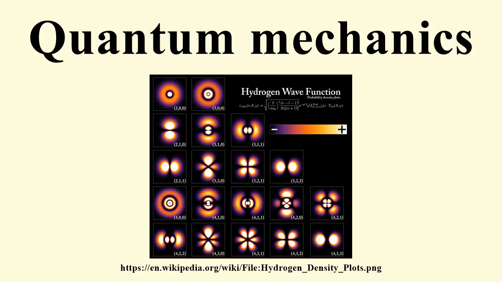The Copenhagen interpretation of Niels Bohr became widely accepted. In the mid-1920s, developments in quantum mechanics led to its becoming the standard formulation for atomic physics. In the summer of 1925, Bohr and Heisenberg published results that closed the old quantum theory.